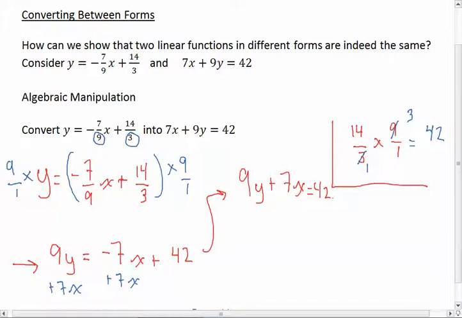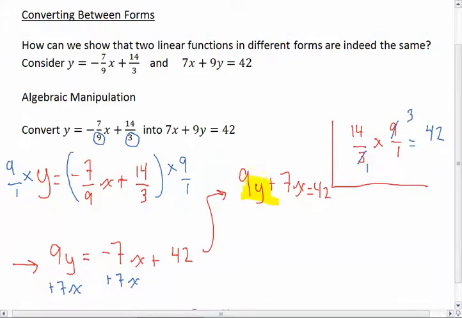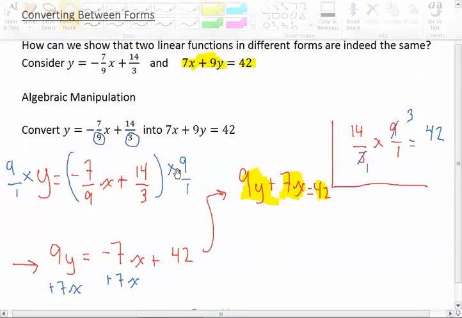So are these two indeed equal? Yeah, exactly, because remember, the order of multiplication does not matter, nor does the order of addition matter. So this is exactly the same as this, and they're both equal to positive 42. Okay? So we've just shown that these two, by algebraic manipulation, are indeed the exact same linear equations.